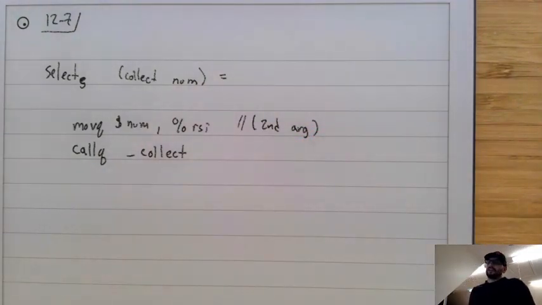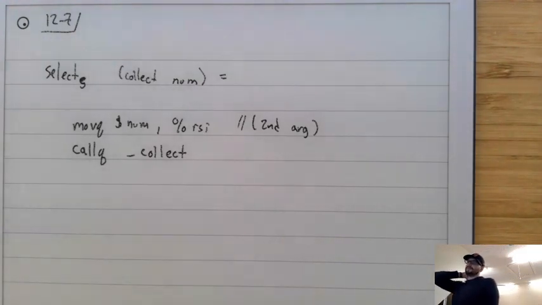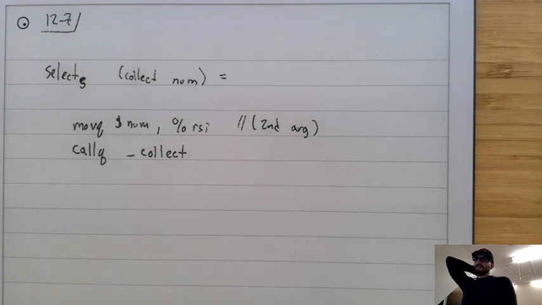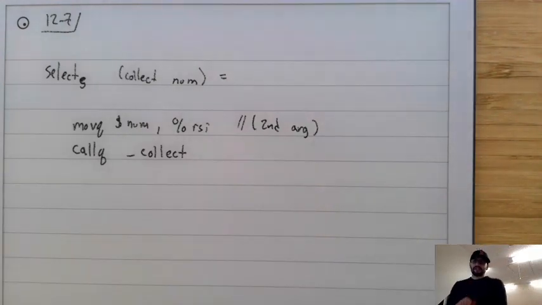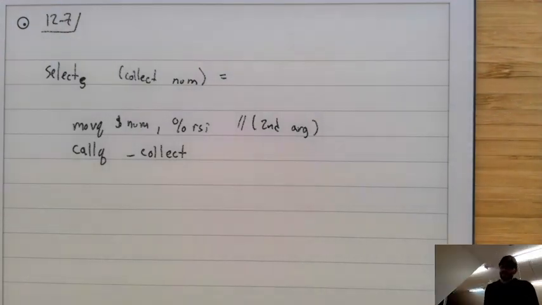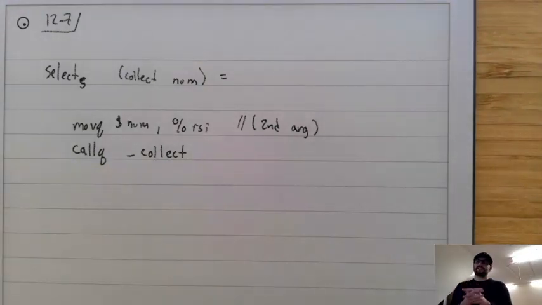But now we need to give another argument. And to describe what this other argument is, I have to tell you something about how the garbage collector is going to work. And it's kind of complicated. Basically, every garbage collector has to be able to say, when collection happens, what variables can be referenced right away, because this is tracing.